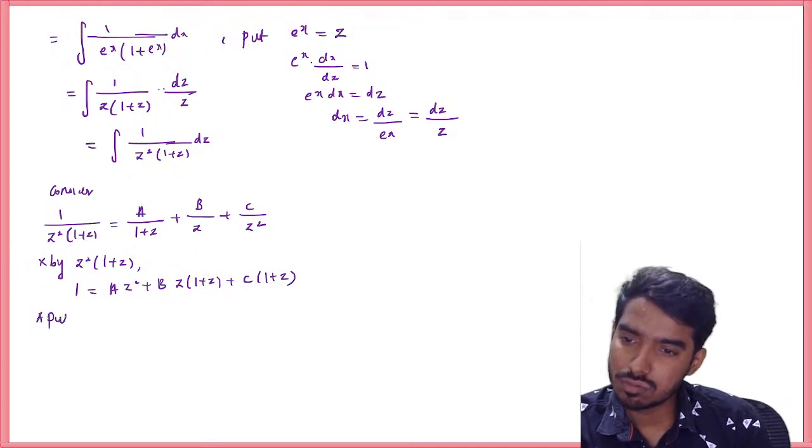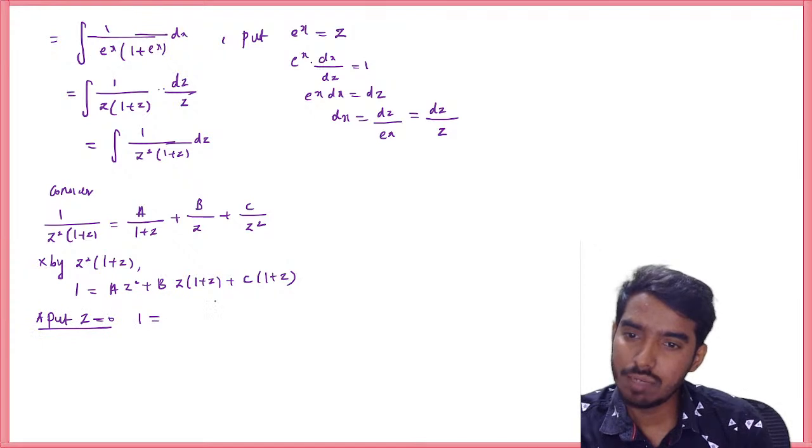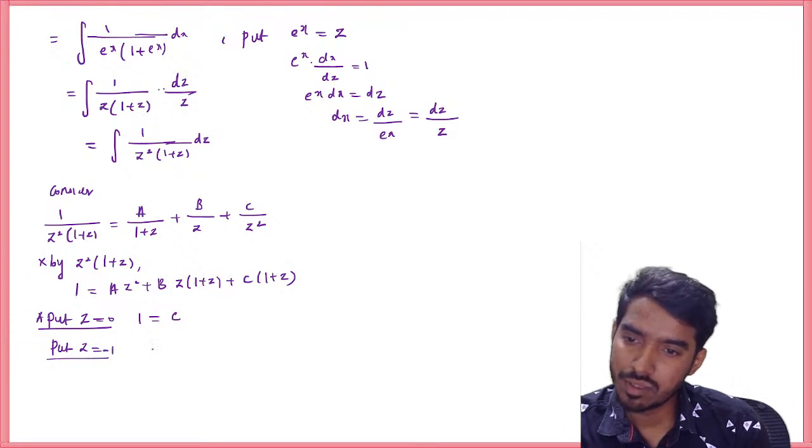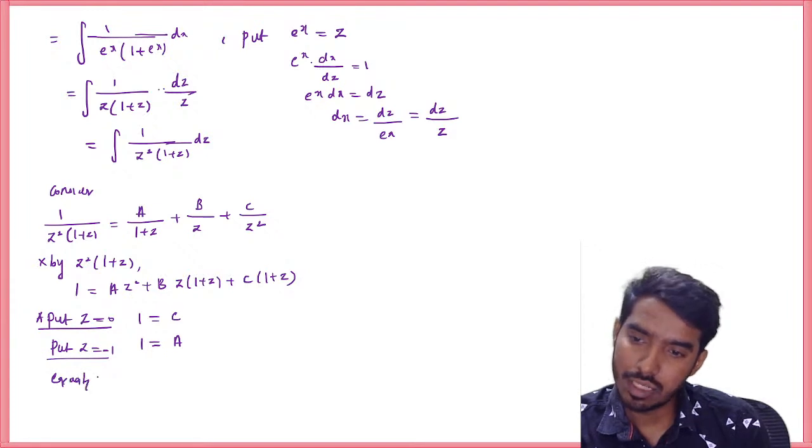Now put z is equal to 0. So we will have 1 is equal to C, so A and B terms are 0 and C will be 1. Now put z is equal to minus 1. So we have 1 is equal to A, since minus 1 squared is 1, and B and C terms are 0. Now equate z squared coefficients. Here there is no z squared. Here we have A and here we have B. So A plus B is 0.